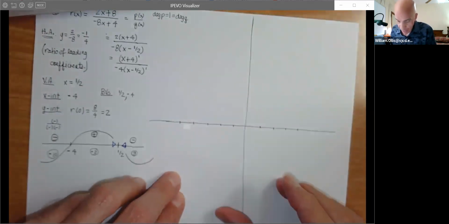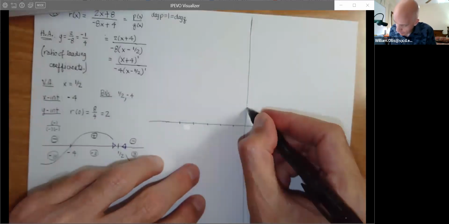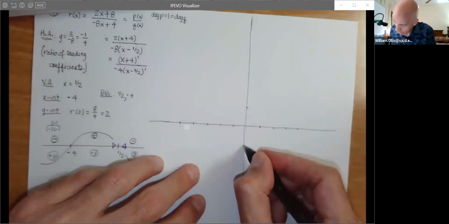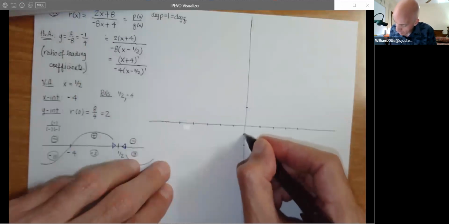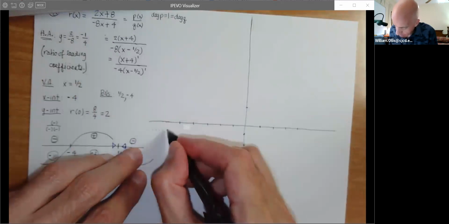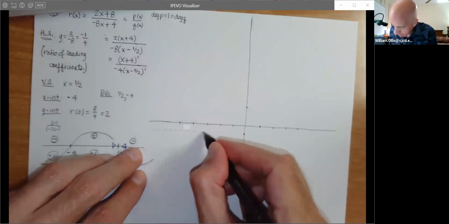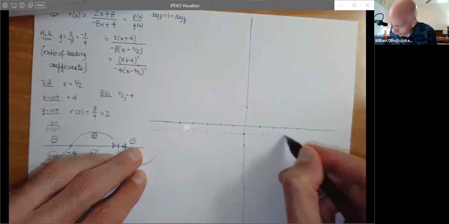And then we've got the horizontal asymptote. So we'll spread this out a little bit. We'll say there's 1 there and -1 here to give us a little more space. So I'll cheat a little bit and put my horizontal asymptote about right there. Just spread it out a little bit.